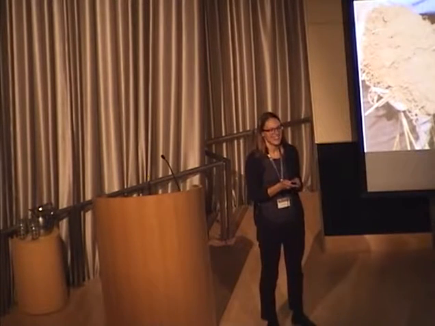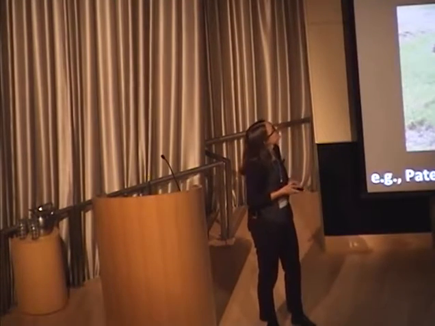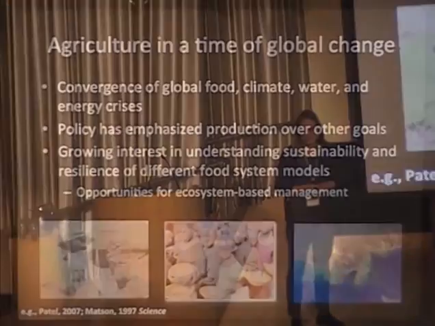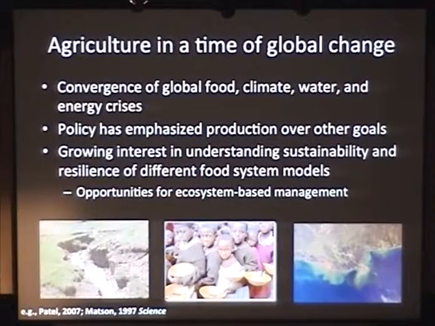Okay. Hi, everyone. So our agricultural systems are facing major challenges with the convergence of these global crises. At the same time, industrial agriculture is also a major contributor to all of these crises. So with the loss of species diversity in our agroecosystems, the ecosystem processes that used to sustain function have been replaced with chemical inputs that lead to many environmental costs, including eutrophication, greenhouse gas emissions, biodiversity loss.